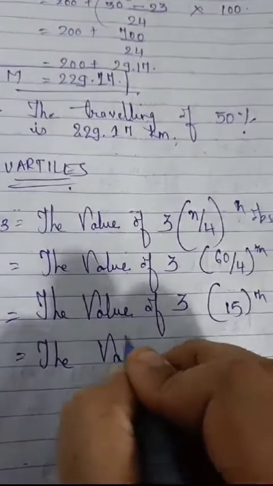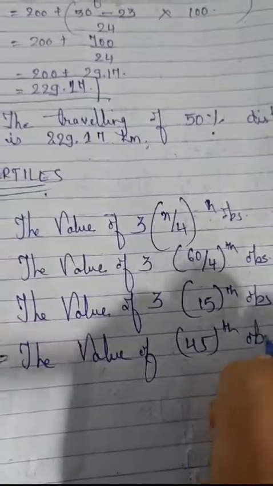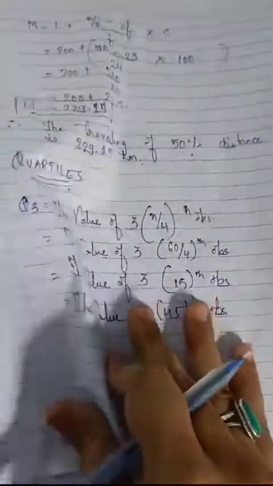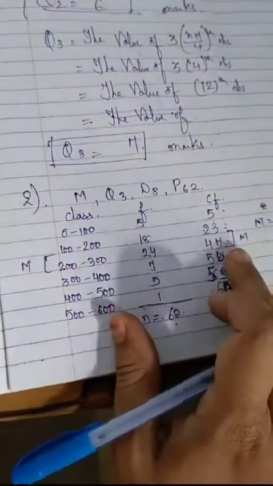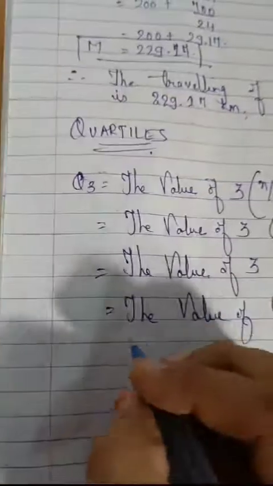The value of 45th observation, so 45 we will be seeing in the CF. Where does it lie? It lies here only. Similar term. Okay, all the values will be similar, only 3 into n by 4 is going to change.